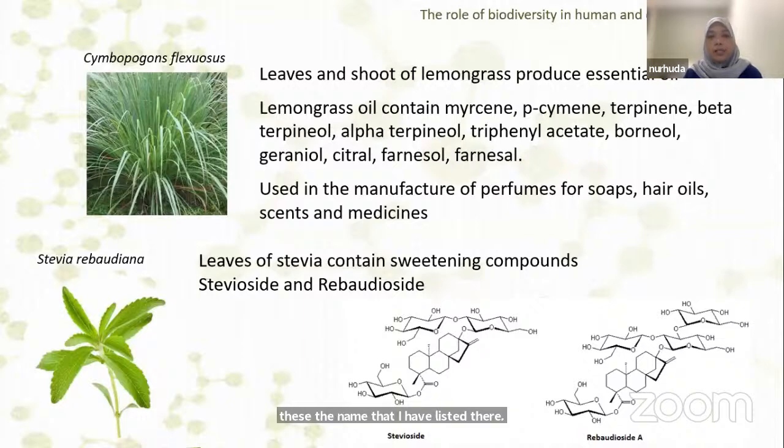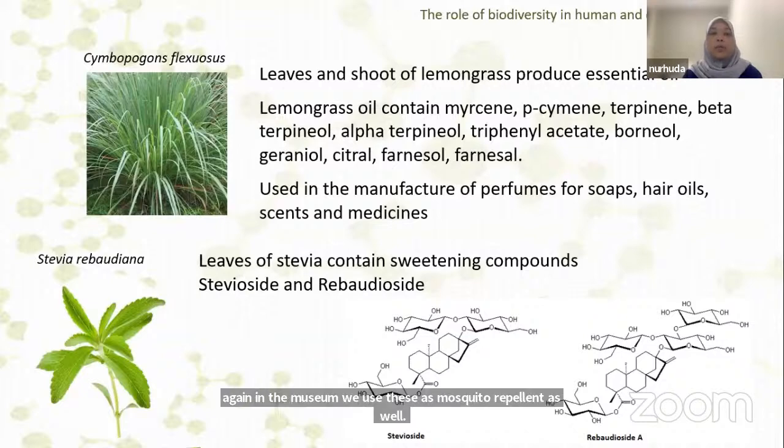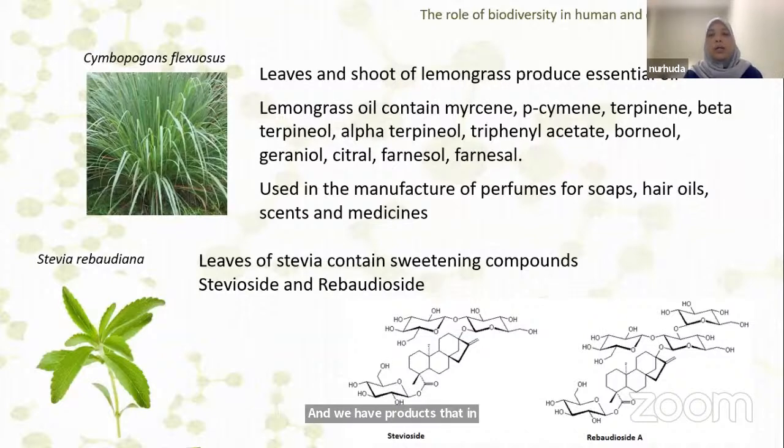These are sesquiterpenes, which means they are volatile, so they are essential oils and used in perfumes. In Malaysia we use this as a mosquito repellent as well, and we have products in the form of a cream or lotion that you apply on your skin to avoid mosquito bites.